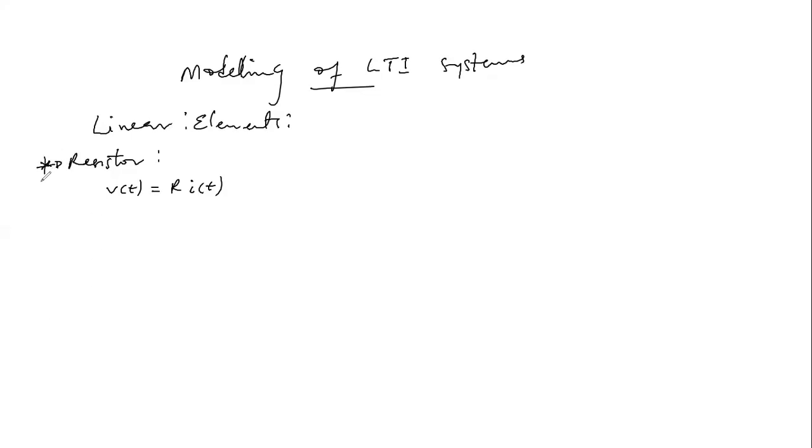So now, another interesting element is your capacitor. We know that the charge has a linear relationship with the voltage, such that the current is C dv(t)/dt.